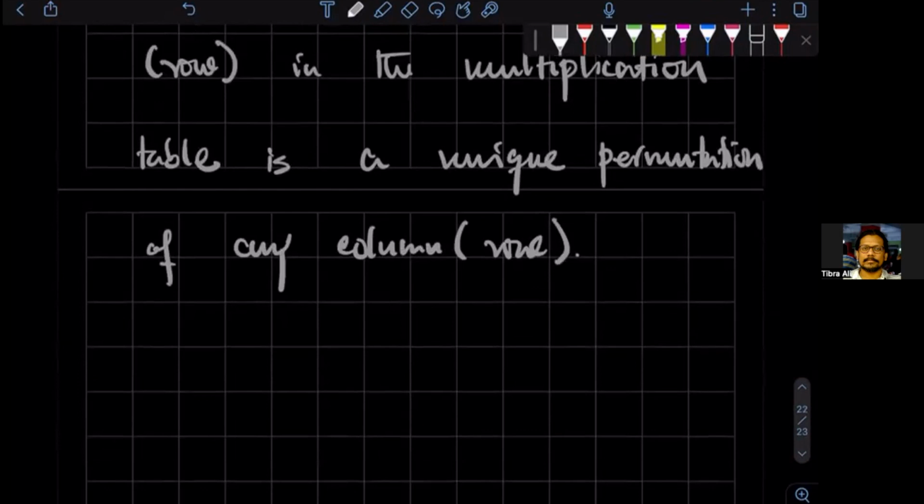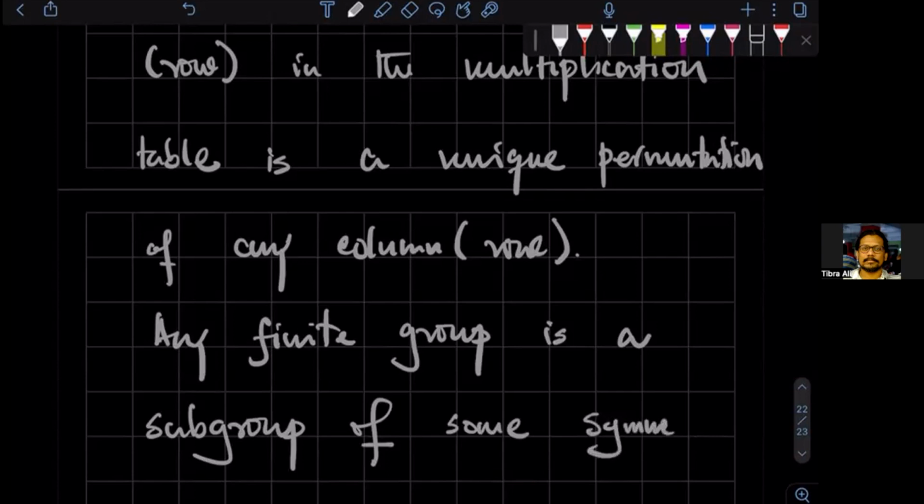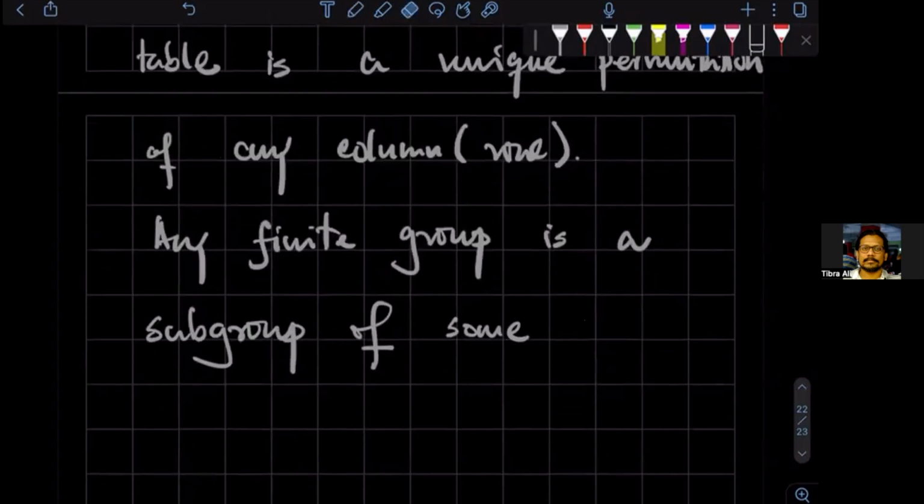So this way of thinking about it shows that any finite group is a subgroup of some symmetric group. Okay, some symmetric group. And this is known as Cayley's theorem.